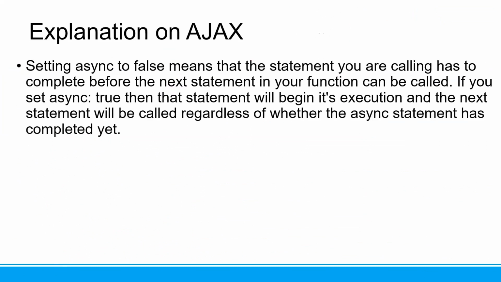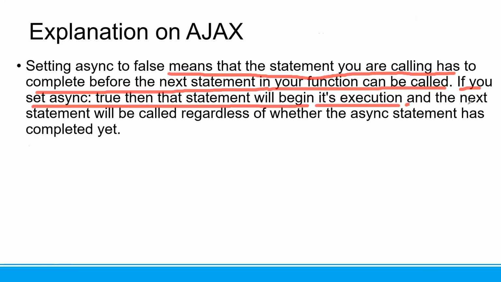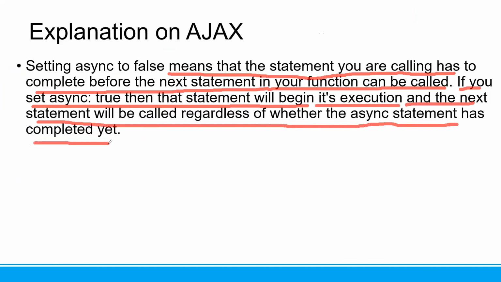So the Ajax: setting asynchronous to false means that the statement you are calling has to complete before the next statement in your function can be called. If you set async to true, then the statement will begin its execution, and the next statement will be called regardless of whether the asynchronous statement has completed yet.